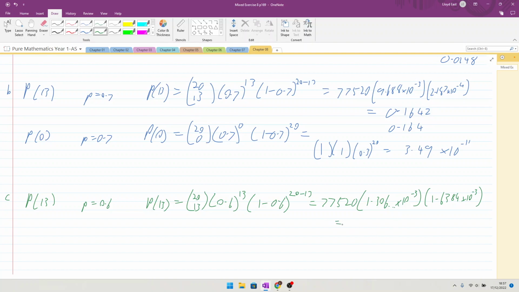And so when we multiply that out, we get 0.1658, so 0.166. Not a lot of difference, unsurprisingly.